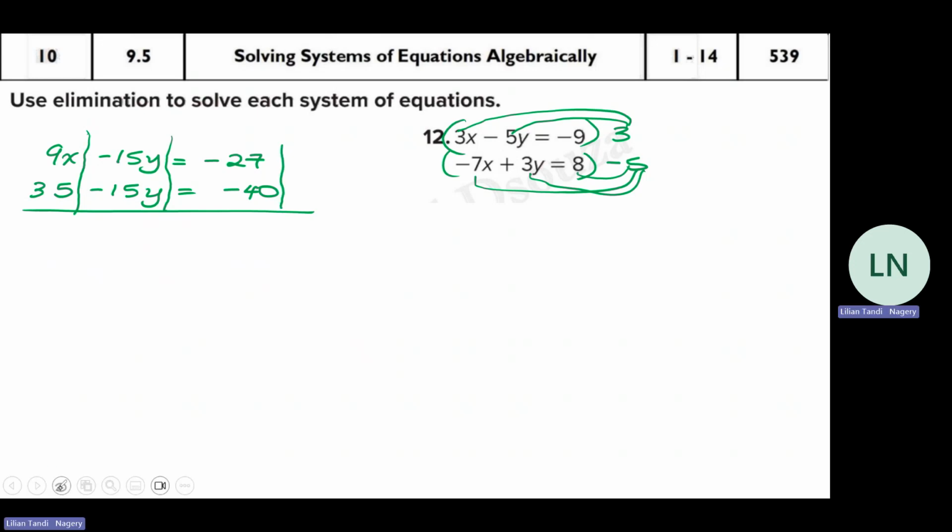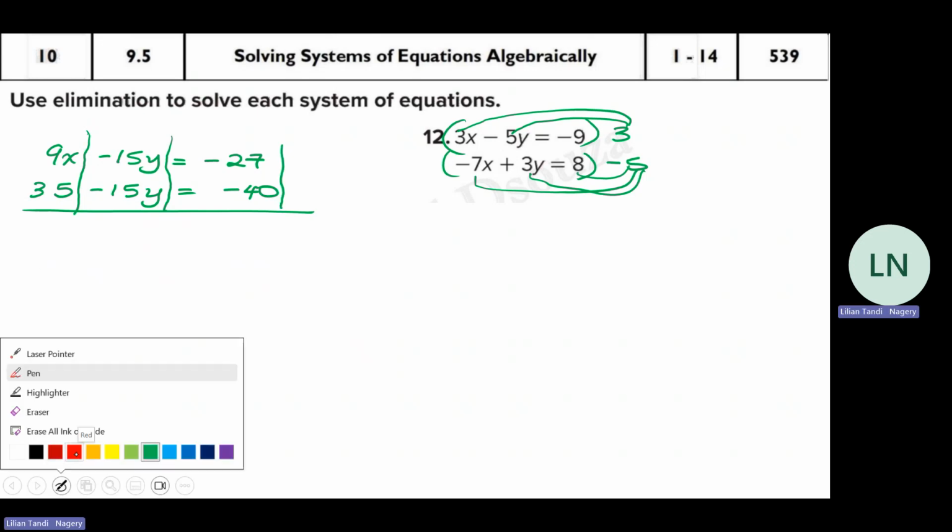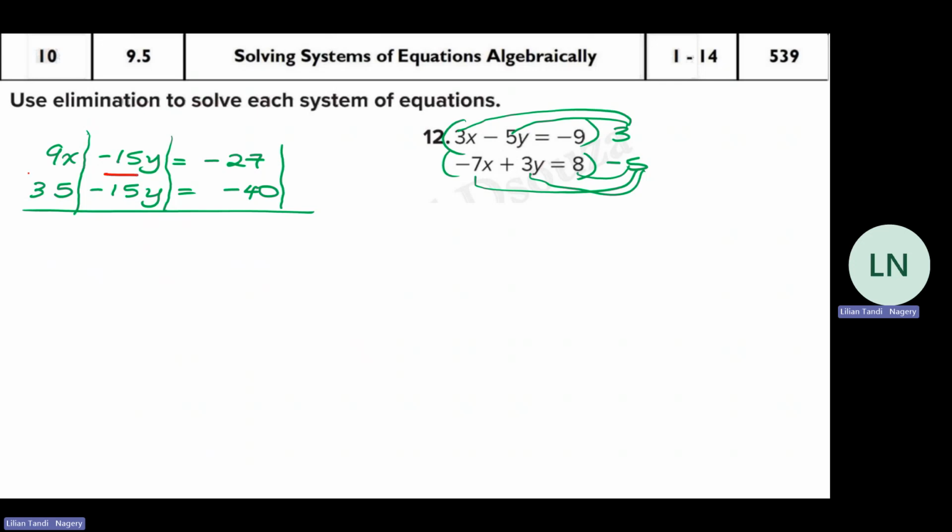So I make my houses. Because my coefficients for y are the same, I will minus each house. I get 0 here.